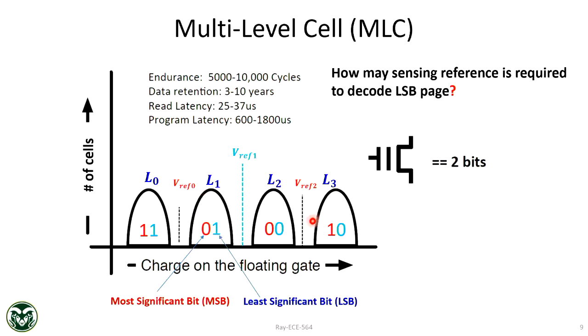So you have to apply another one here at reference 2, and then you see whether it is conducting or not. So first you do reference 0 and find who is conducting. You know that this is 1, and you decode that part. And then you do another reference with F2 and see who is not conducting and put them as 1.